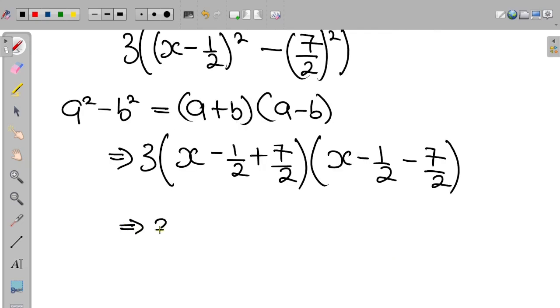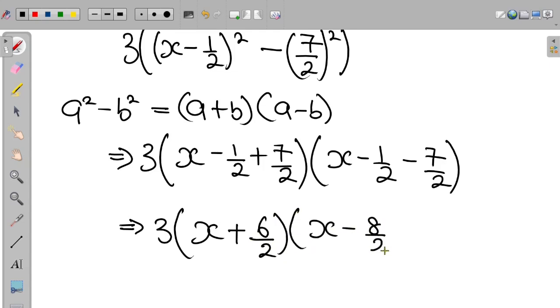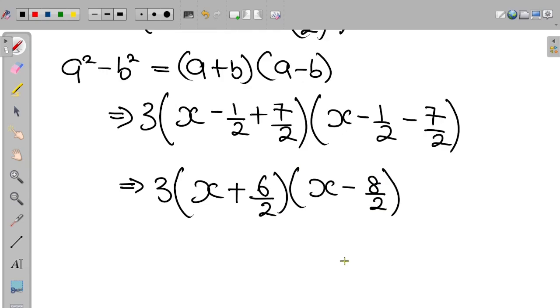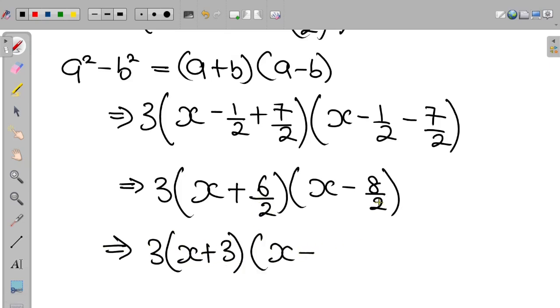Therefore, this can further be simplified as x plus 6 divided by 2 multiplied by x minus 8 divided by 2. So we have 3, open your bracket, x plus 6 divided by 2, which is 3, multiplied by x minus 8 divided by 2, which is 4.